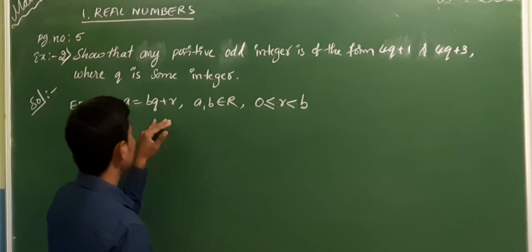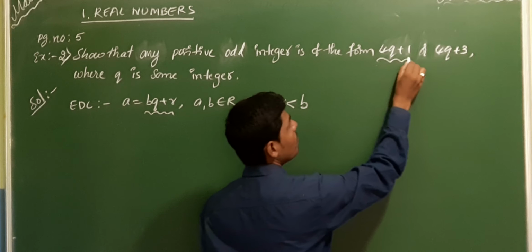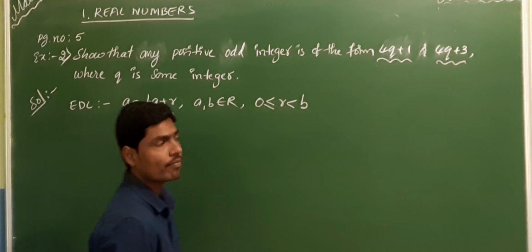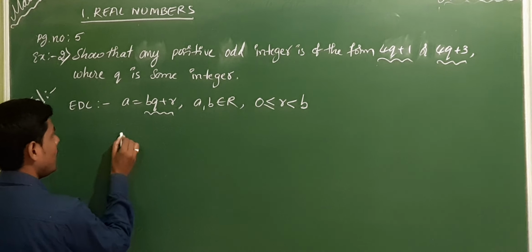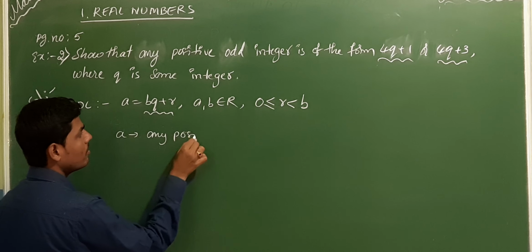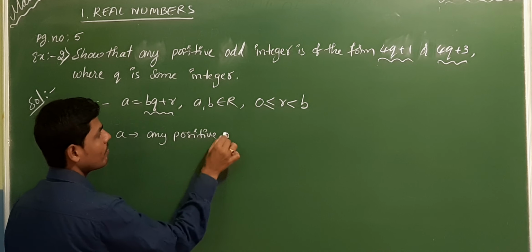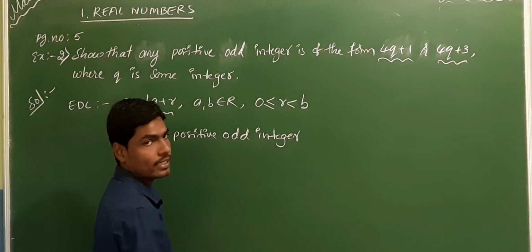Now here, compare this one with the given forms. A, what is A? Any positive odd integer.